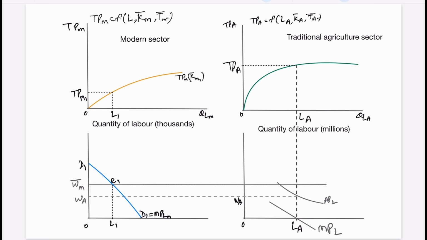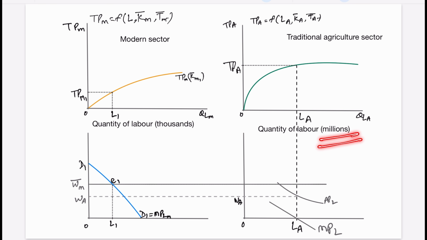So the Lewis model believes that there is one traditional agricultural sector and another is a modern sector, which is a manufacturing sector. So you see that we have so many workers in the agricultural sector.